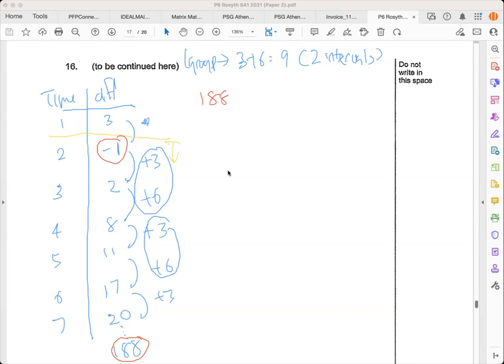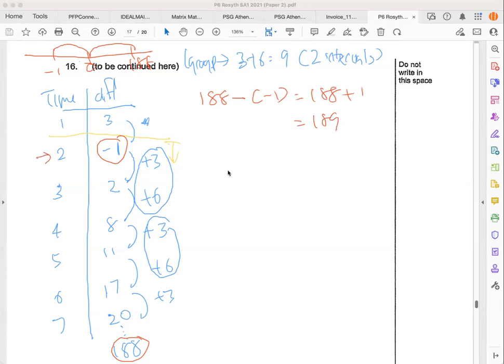What you do is 188 subtract away -1, which is actually 188 plus 1. It's the same idea as a timeline: this is 0, this is -1, this is 188. From -1 to 188, you have to go 1 plus another 188. So the difference between -1 and 188 is actually 189.